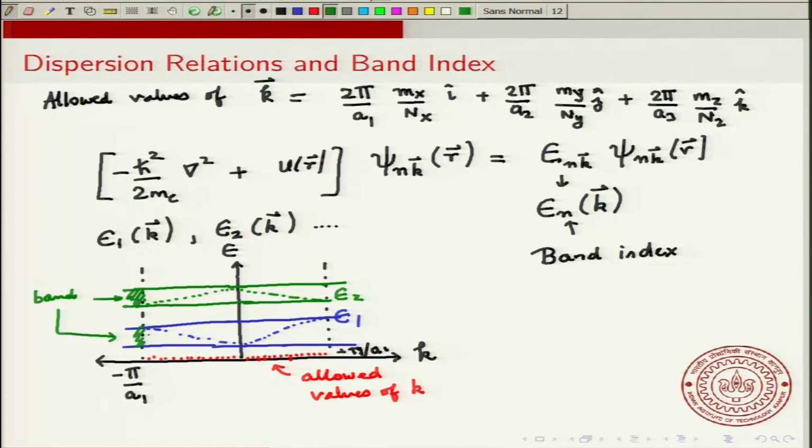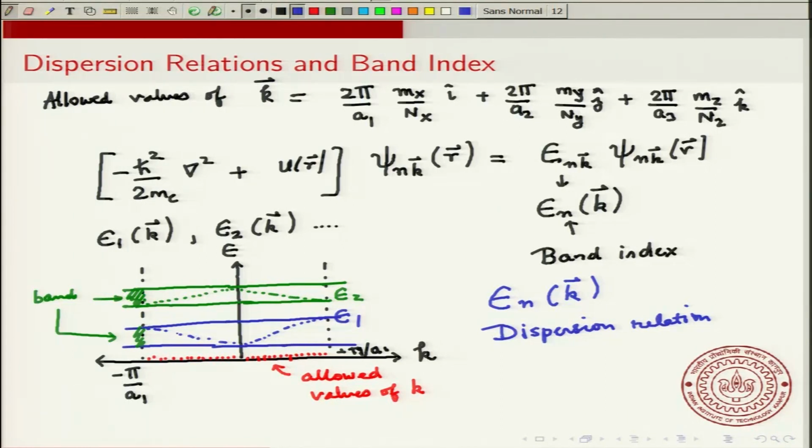Now n is called the band index, and the relation epsilon n of k is called the dispersion relation. It basically tells you how the energy of the nth band changes with k.